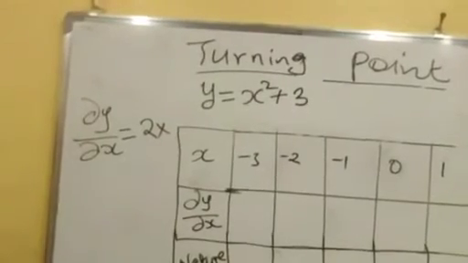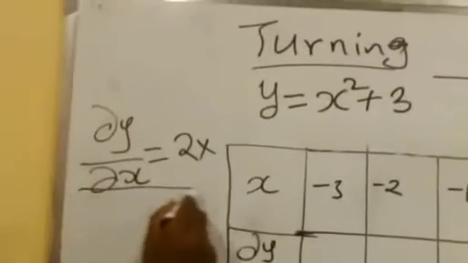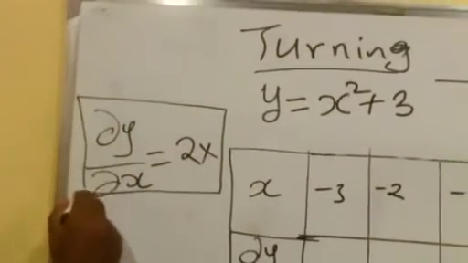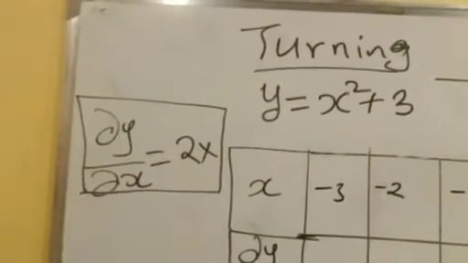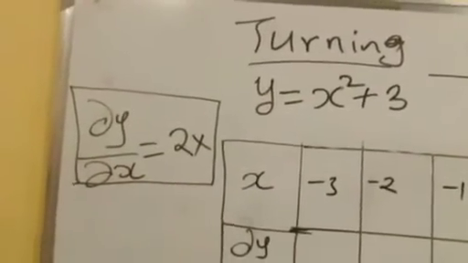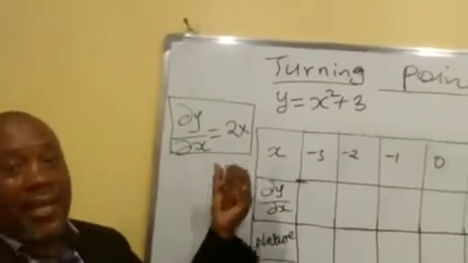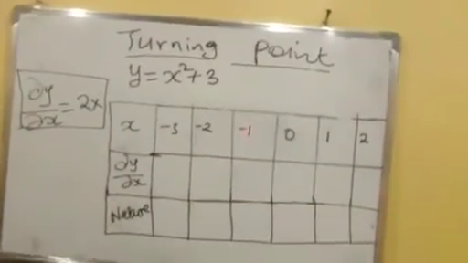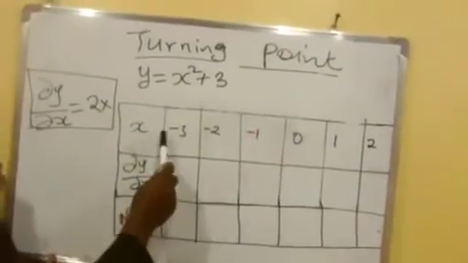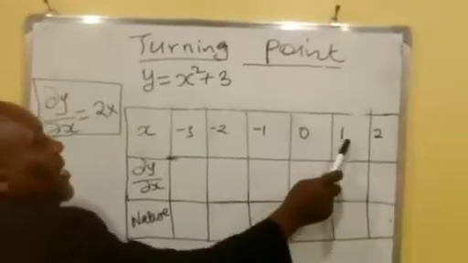That is the gradient function, and it will give us the gradient of this curve at different points. Just to fill this table using this gradient function. The table we have has values of x running from -3, -2, -1, 0, 1, 2.